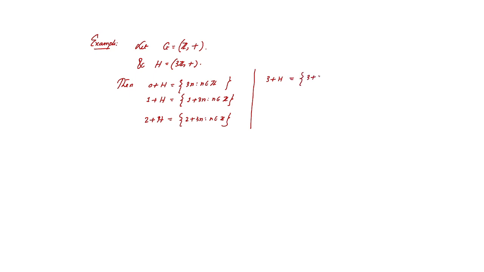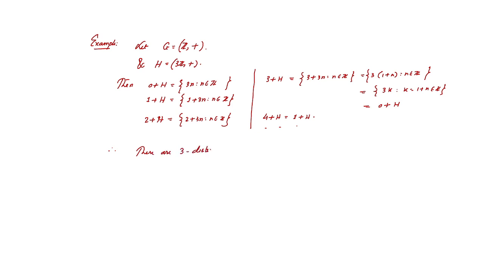So 3 plus H will be 3 plus 3n, such that n belongs to Z. That you can also write as 3 times (1 plus n), such that n belongs to Z. This is exactly the same as 3k, such that k equals 1 plus n, which also belongs to Z, and this is exactly 0 plus H. Again, you can check 4 plus H will be again 1 plus H. So there are 3 distinct left cosets of H in G, and they are 0 plus H, that means H itself, 1 plus H, and 2 plus H.